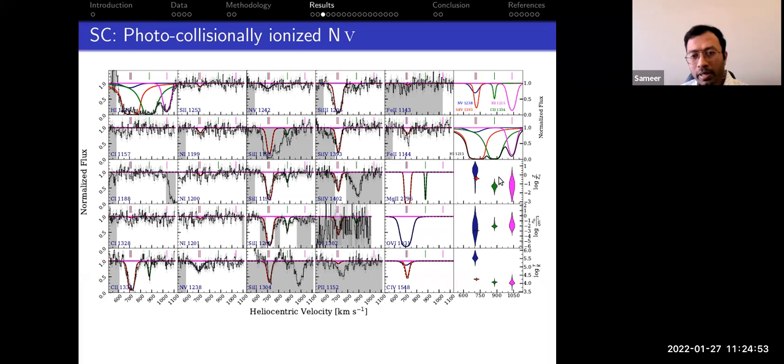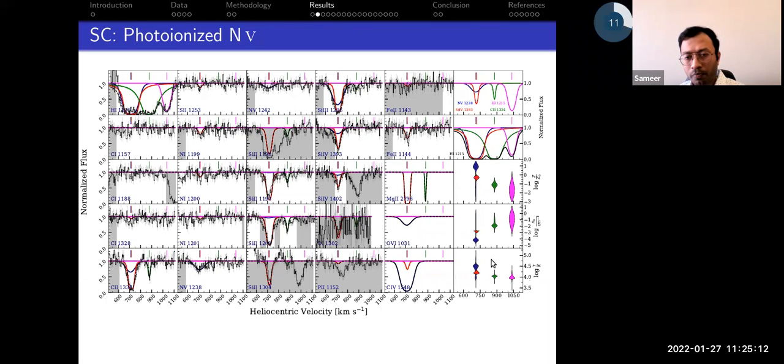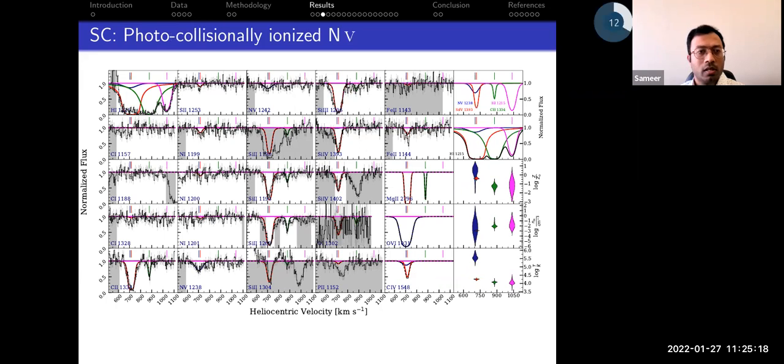The parameters that we determine are not very different from a photoionized N5. There is, however, a difference in the temperatures inferred for the N5 phase. With the collisional model it is greater than or similar to 10 to the 5.5 Kelvin, whereas in the previous case it was 10 to the 4.5 Kelvin for the nitrogen 5 phase.